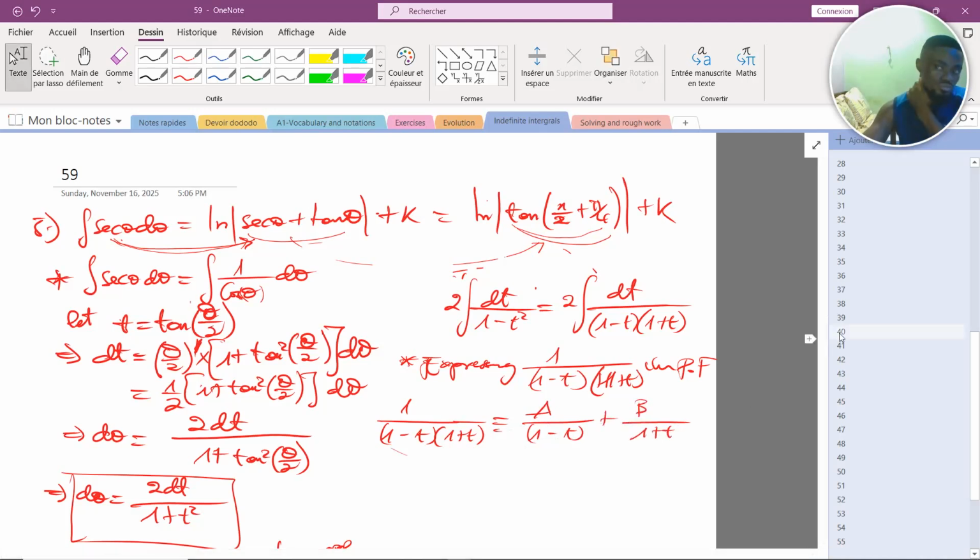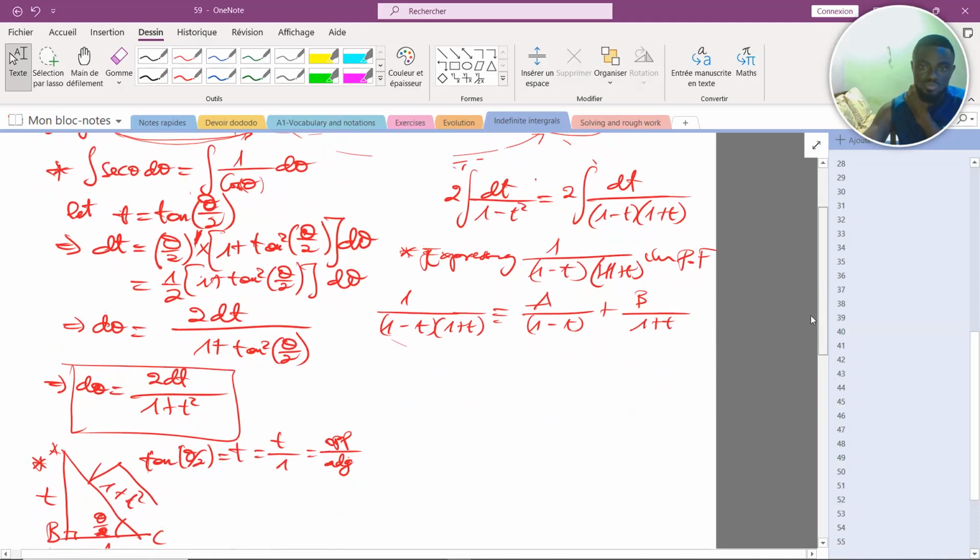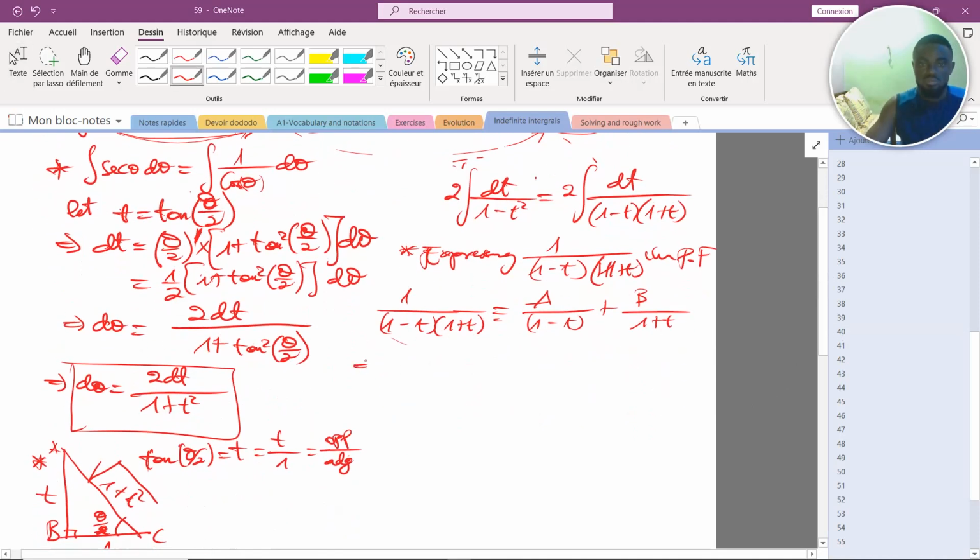Is that okay? So it implies 1 all over 1 minus t into 1 plus t will be identical to what? The LCM here must be the same as what is here, 1 minus t into 1 plus t. This divided by this, I'll have a into 1 plus t, plus this divided by this, I'll have b into 1 minus t.